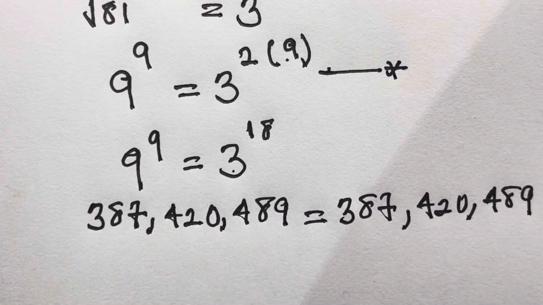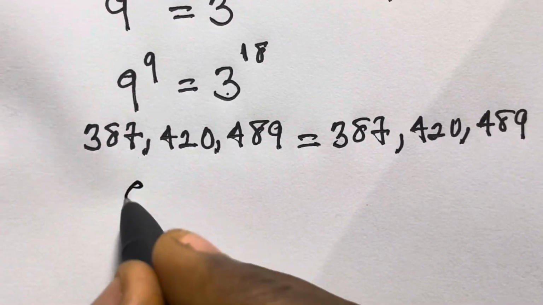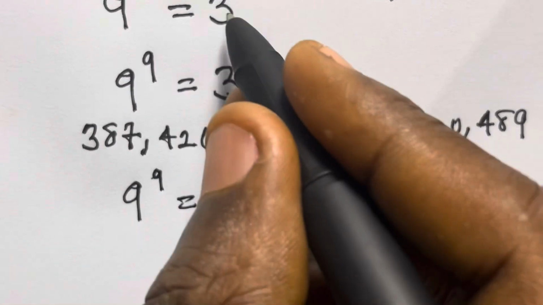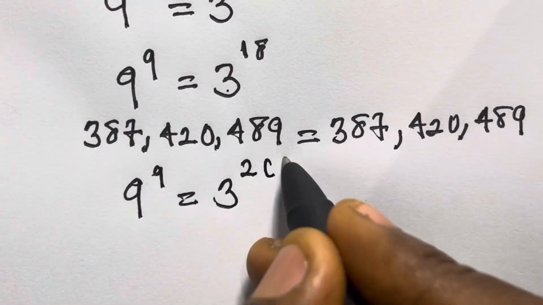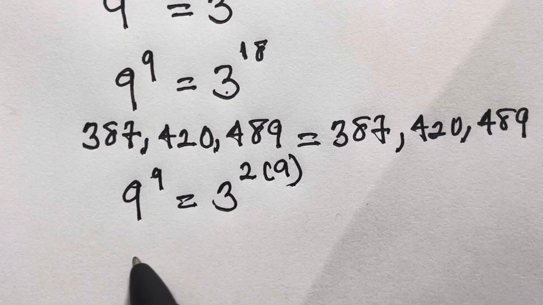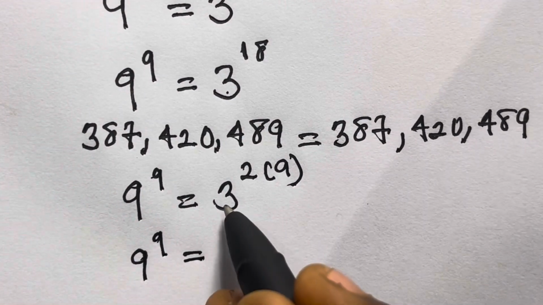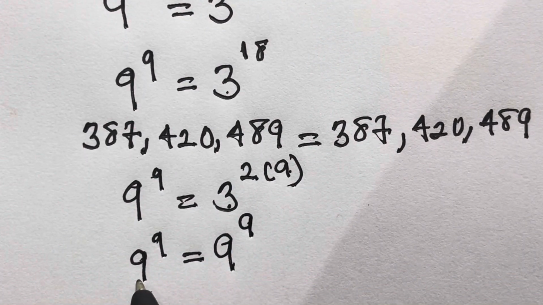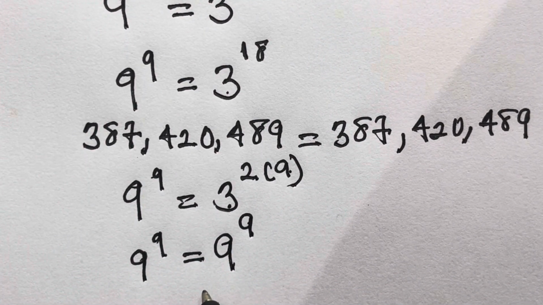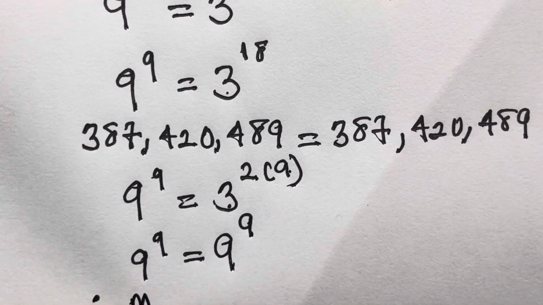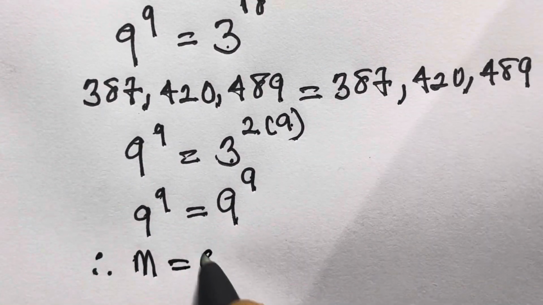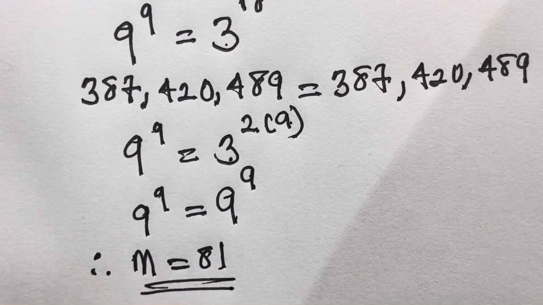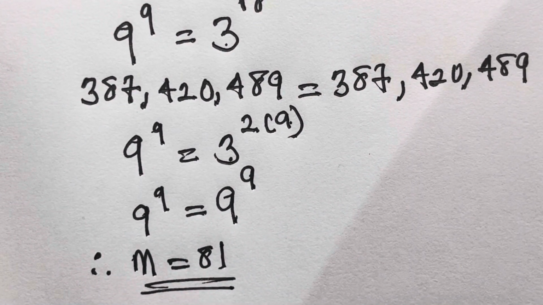We have 9 raised to power 9 here, and we have 3 raised to power 2 times 9. So 3 raised to power 2 gives us 9, and we have 9 here as well. You observe that the left hand side equals the right hand side. Therefore m equals 81 satisfies the given equation that says square root of m raised to power square root of m equals 3 raised to power 2 root m.